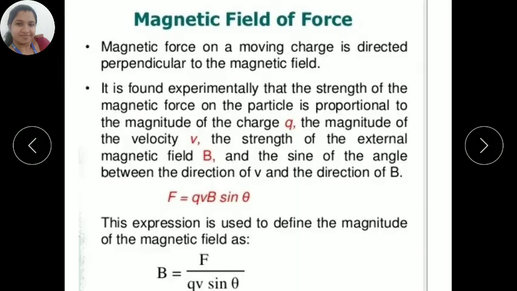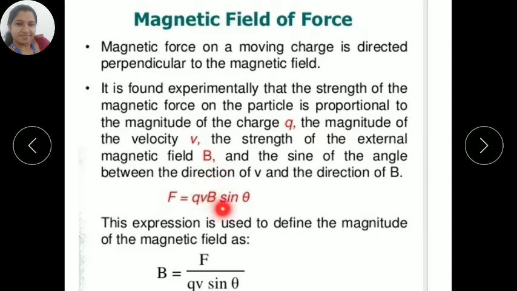Then the expression of force. The magnetic force on a moving charge is directed perpendicular to the magnetic field, and the expression for force is given by F is equal to QVB sin theta, where Q is the charge of the particle, V is the velocity of propagation, B is the external magnetic field, and theta is the angle between the velocity and the magnetic field B. If theta is 90 degrees, the force exerted on the particle is maximum, that is QVB.